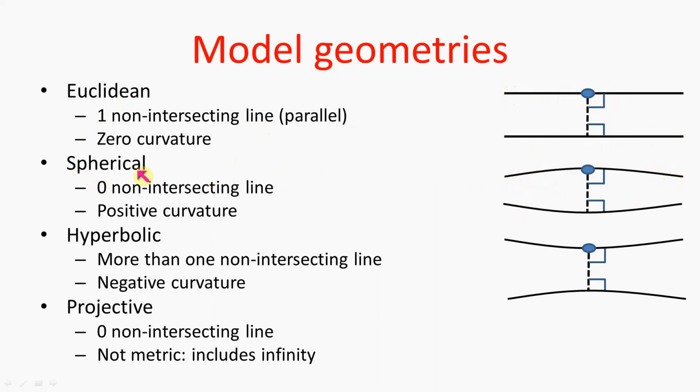Spherical geometry describes the positive curvature surfaces. In hyperbolic geometry, there is more than one such non-intersecting line, and in projective geometry, similarly to spherical geometry, there are no non-intersecting lines. And the difference between spherical and projective geometry is that spherical geometry is metric, projective geometry is not metric but includes infinity.